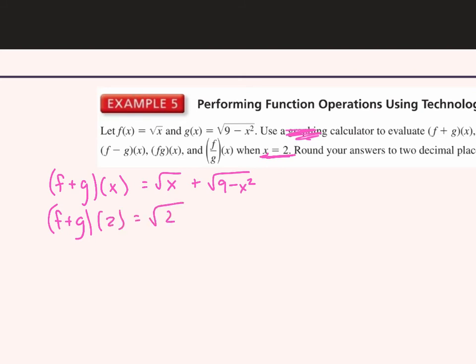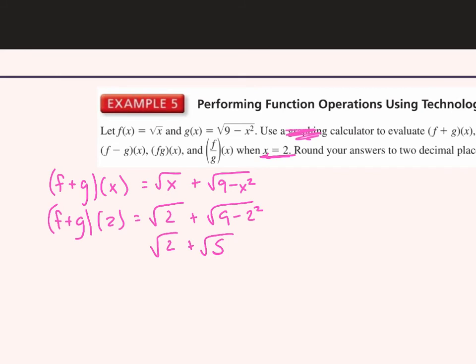So we have the square root of 2 plus the square root of 9 minus 2 squared. You could just put this in your calculator, but if you want to simplify a little bit more, it would probably be easier just to simplify under the square root first. So what's 2 squared? 4. And 9 minus 4 is 5. So we have the square root of 2 plus the square root of 5.